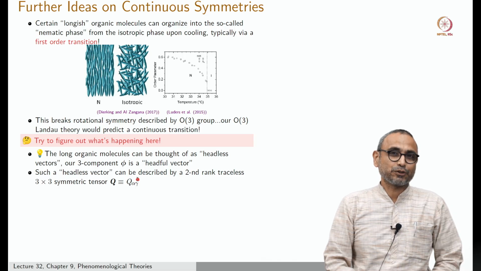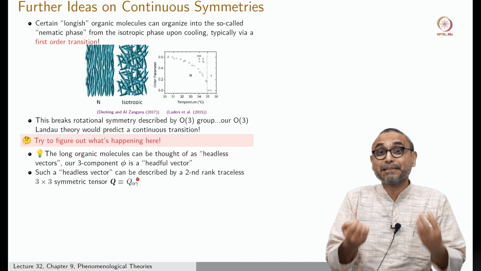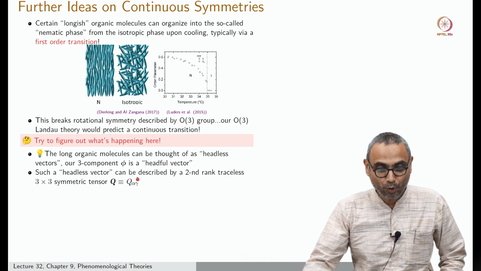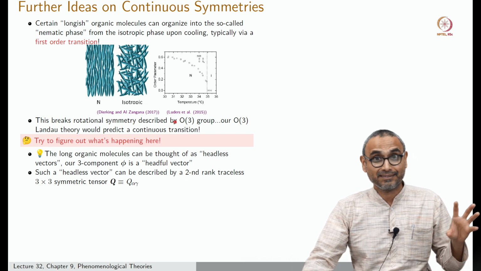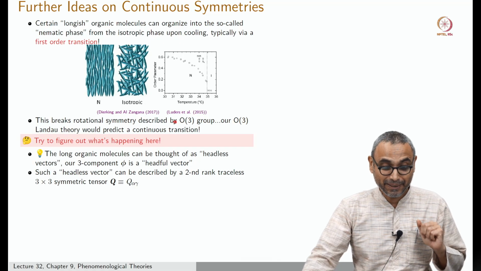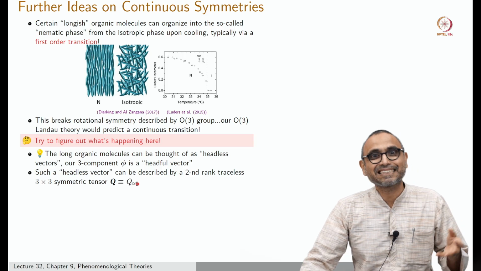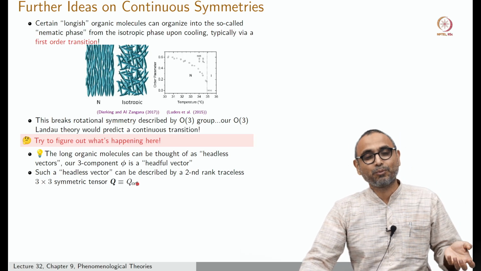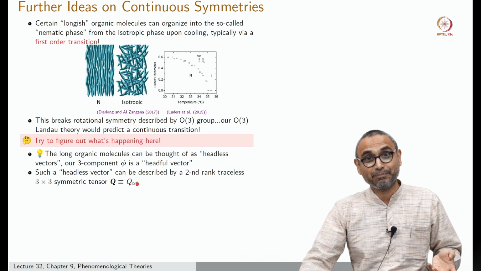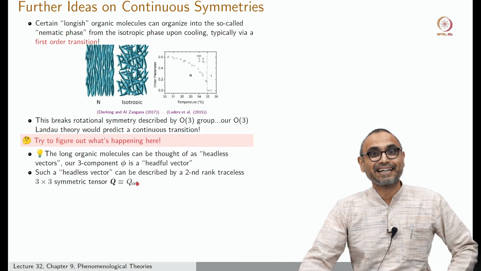What is the next thing we should do? We should try to see how the symmetry acts on this. I know that O3 elements are described by 3 by 3 orthogonal matrices. How do they act on this? They act exactly as 3 by 3 orthogonal matrices act on second rank symmetric tensors.